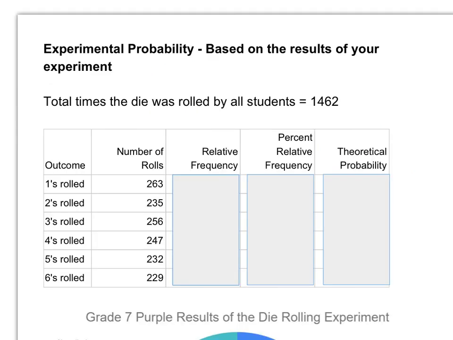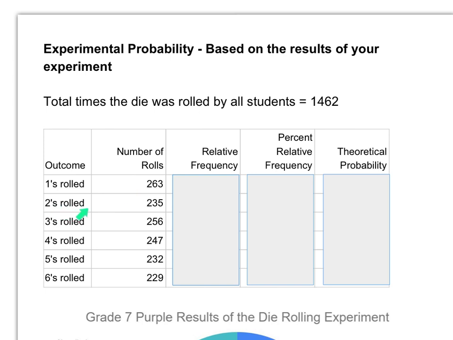Okay, let's look at our experimental data from the experiment we did yesterday when we rolled a die. The total times the die was rolled by all students, 1,462 rolls were recorded. And in the table, the number of 1s that were rolled by all the students yesterday was 263.